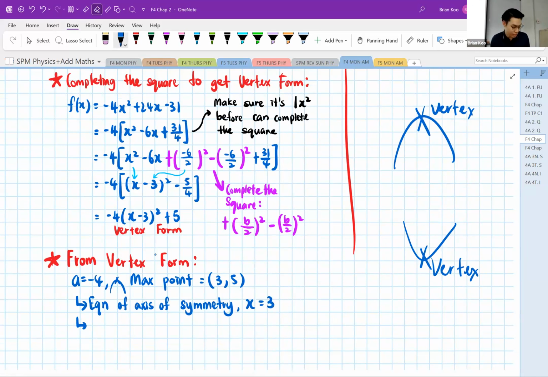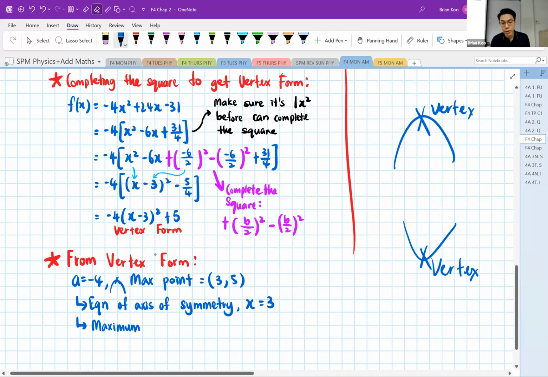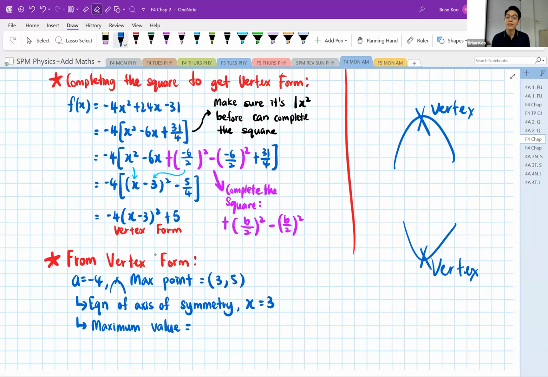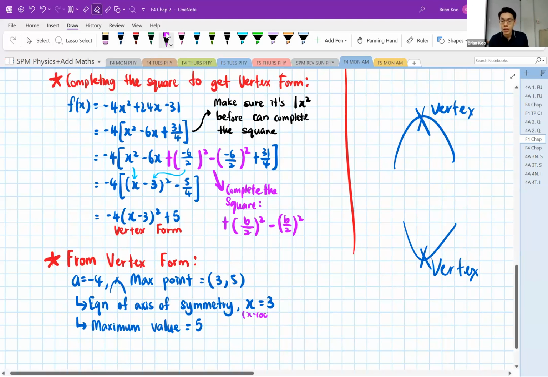They can also ask you, what is the maximum? Be careful, not point. Now I ask you maximum value. Value, you don't give me the whole coordinate. This you only give me the y coordinate. Your equation of axis of symmetry is just another way of asking you, what is the x coordinate? So that's why you don't get confused if they ask you differently. Same thing.